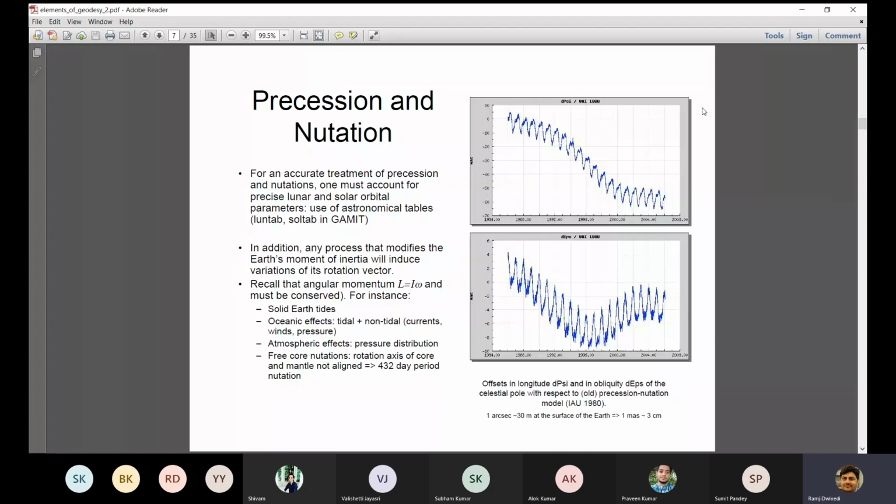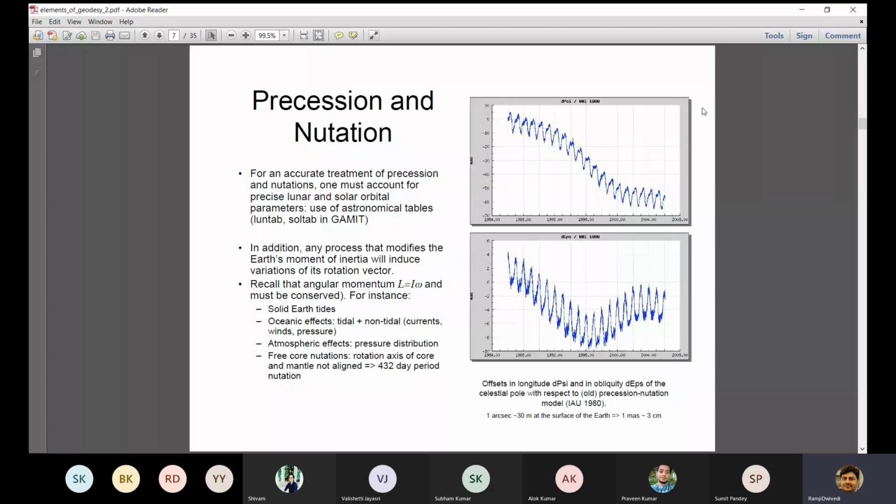For instance, solid Earth tides, oceanic tide effects, which are tidal plus non-tidal, atmospheric effects, pressure distribution around the Earth's surface, and free core nutation, where the rotation axes of core and mantle are not aligned, will also create a 432-day period nutation.